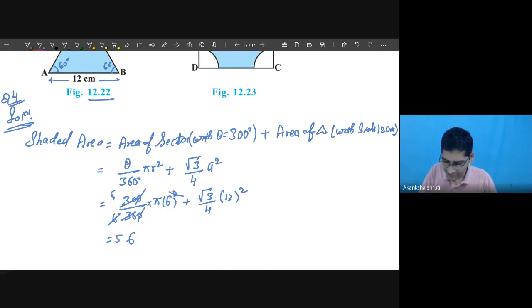Pi you may write like this, into root 3. See, this 4 means 12 into 12, so you can cancel this 4 itself. Or if you have any doubt, then you may carry it forward. So only one of the 3 will be there, and another 12 will remain as it is.